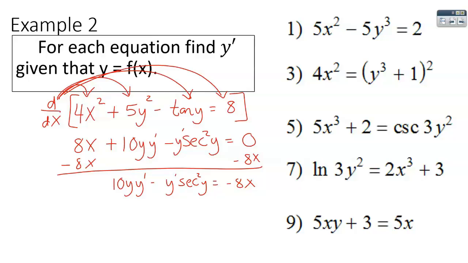Okay. Now in this case, we have 2 y primes, right? So step 1 is to make sure all the y primes are on one side and everything else that doesn't have a y prime is on the other. Now the next thing you're going to do is factor out the y prime. Just pull it out like this. Divide it out.